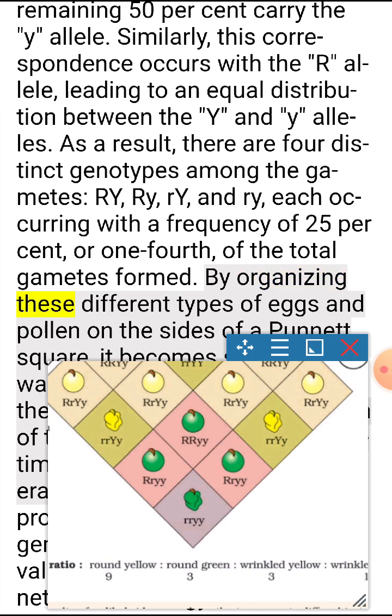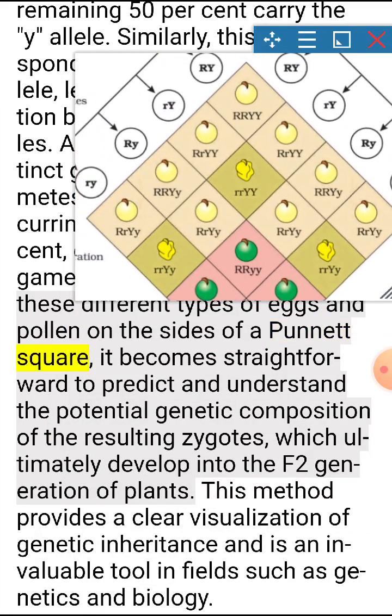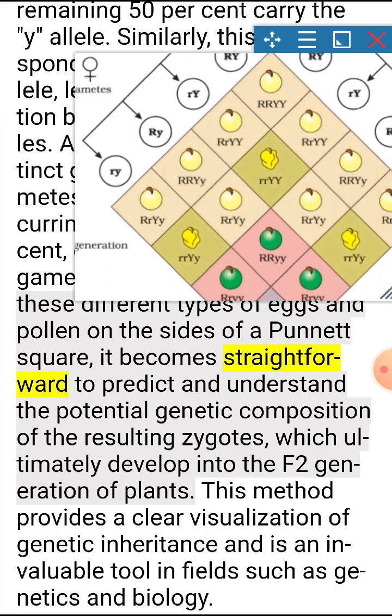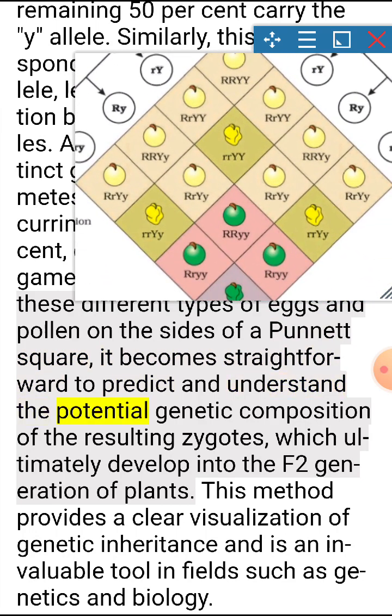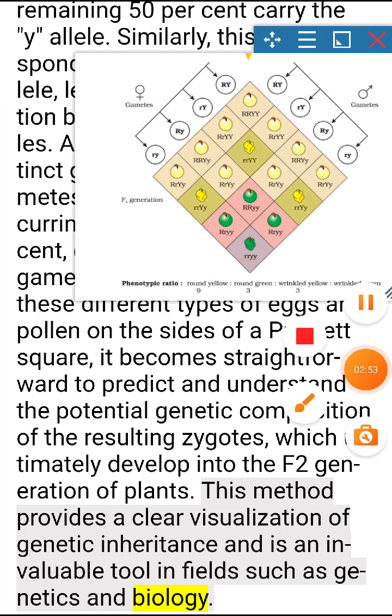By organizing these different types of eggs and pollen on the sides of a Punnett square, it becomes straightforward to predict and understand the potential genetic composition of the resulting zygotes, which ultimately develop into the F2 generation of plants. This method provides a clear visualization of genetic inheritance and is an invaluable tool in fields such as genetics and biology.